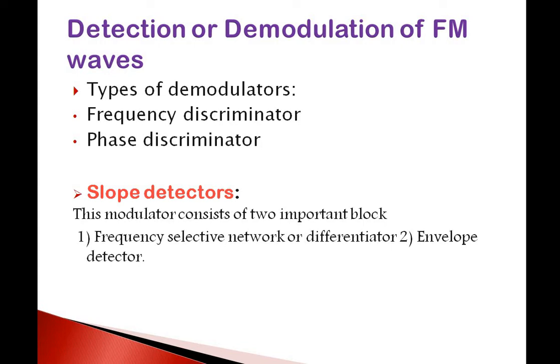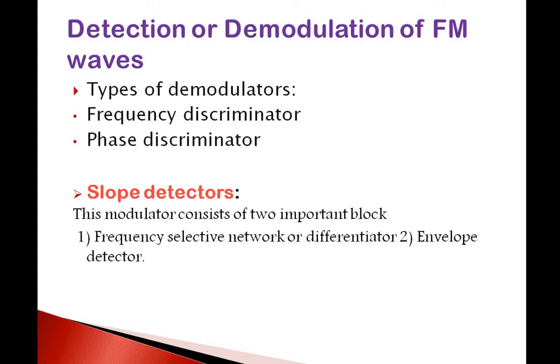Please note it down. In frequency discriminators you have the slope detector or demodulator and the balanced slope detector or demodulator. In phase discriminators you have Foster-Seeley discriminators and ratio discriminators.